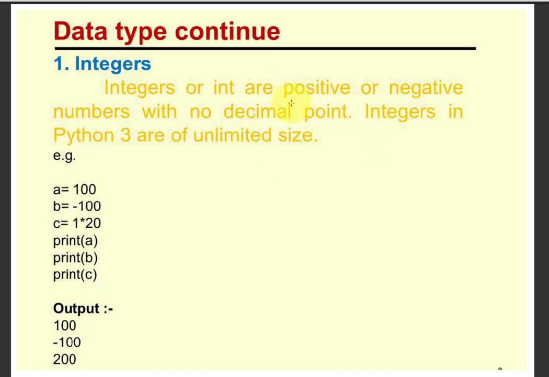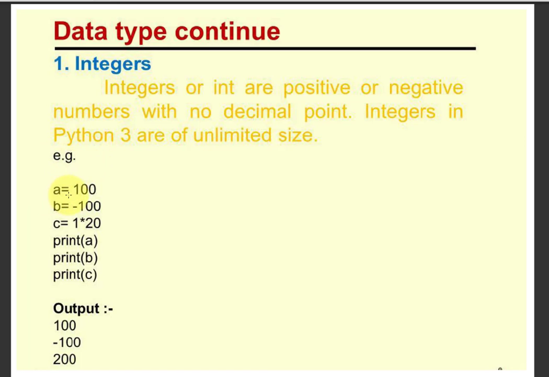Any number that is positive or negative, but with no decimal points, is called an integer, and it can be of any length. You can store a number of any length in Python. So let's see its example.